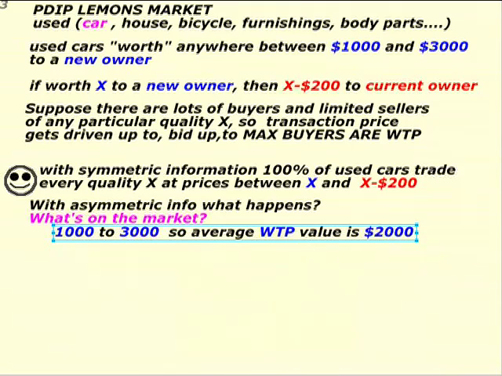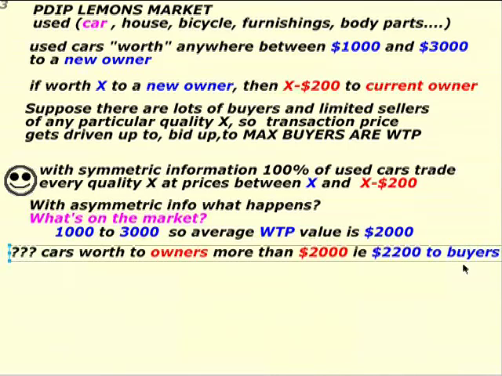So supposing that's what the potential buyers of cars start buying cars for, will that be at $2,000?